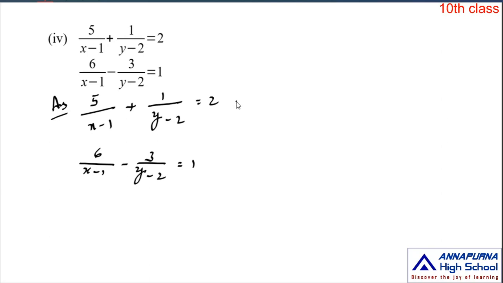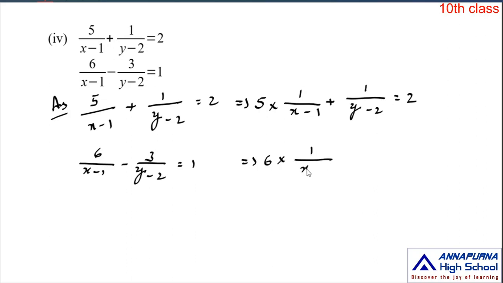For doing that, I am presenting these two equations like this. The first equation is 5 into 1 by x minus 1 plus 1 by y minus 2 is equal to 2, and the second equation is 6 into 1 by x minus 1 minus 3 into 1 by y minus 2 is equal to 1.